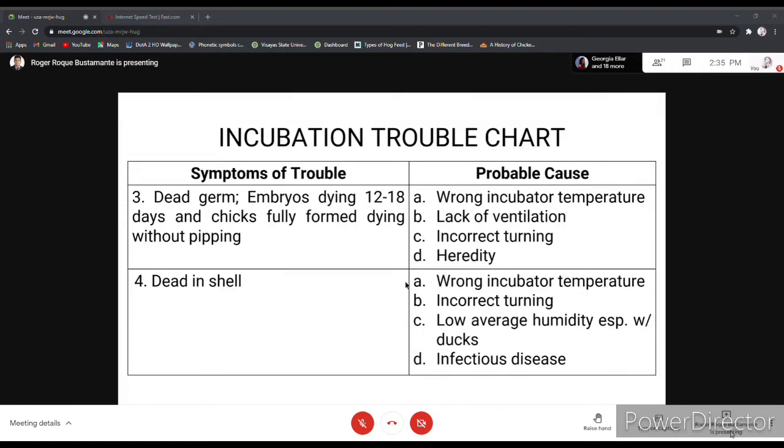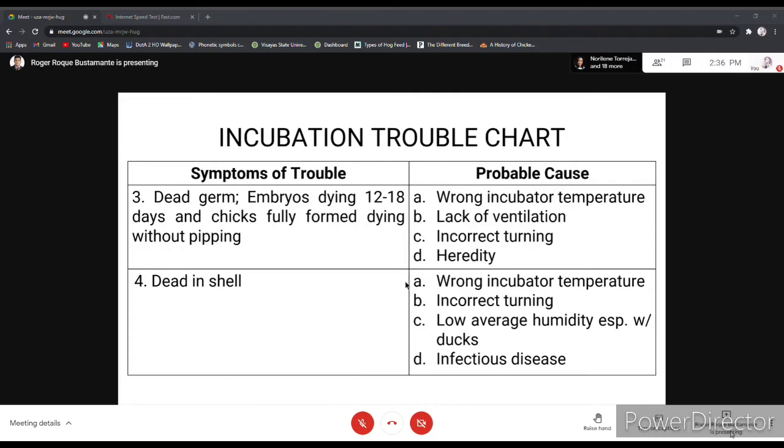So, like for example, namatay, buhi ang embryo na develop, but pag abot na sa hatching time, wala na na-develop. So, probable cause of this problem is wrong incubator temperature, lack ventilation, incorrect turning, and somehow the heredity or genetics.